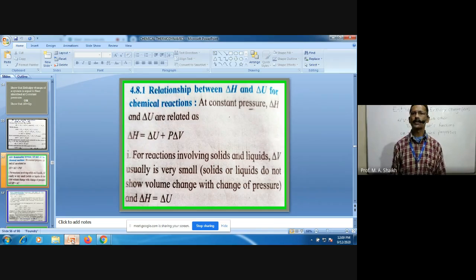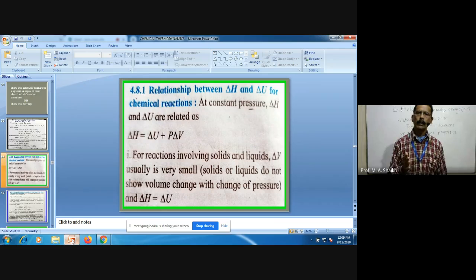Suppose the chemical reactions in which reactants and products are in solid state or liquid state. Suppose our system is a chemical reaction, and suppose reactants and products are either in solid states or in liquid states.